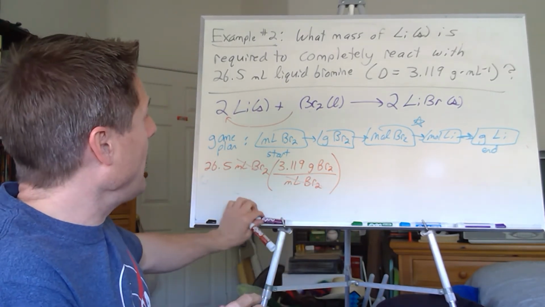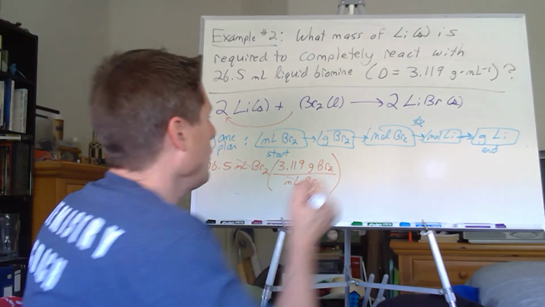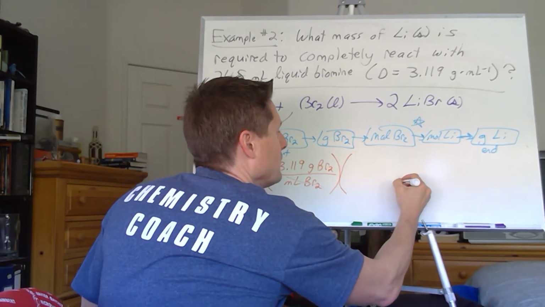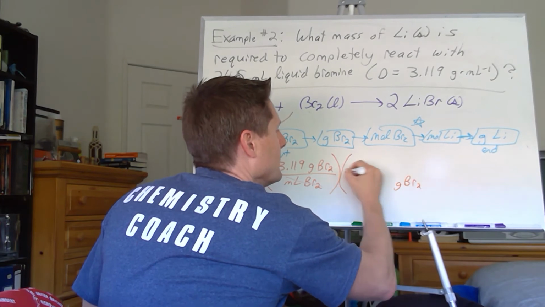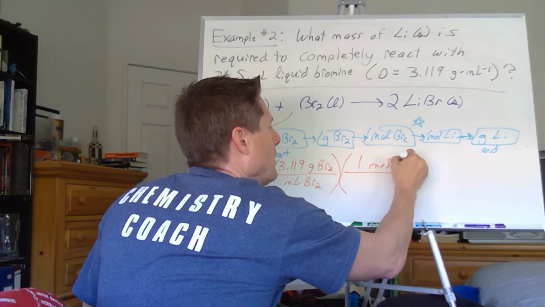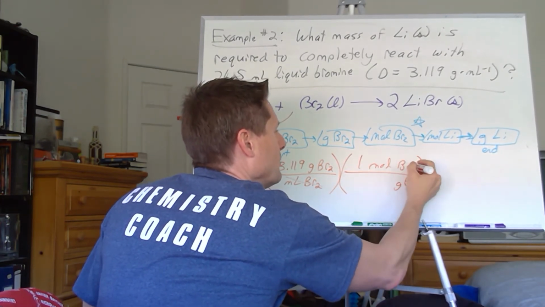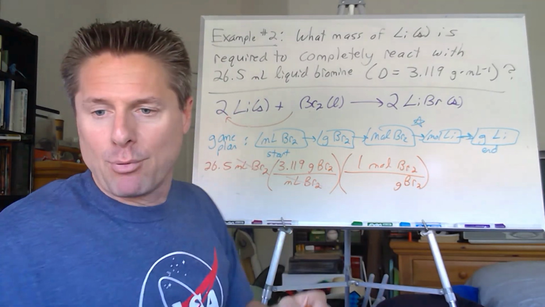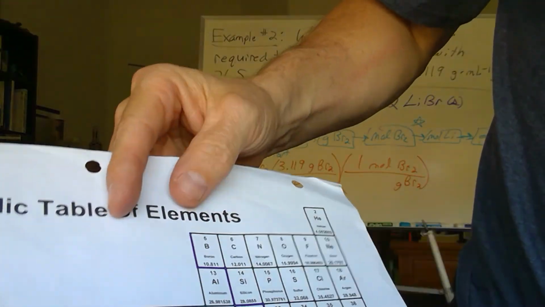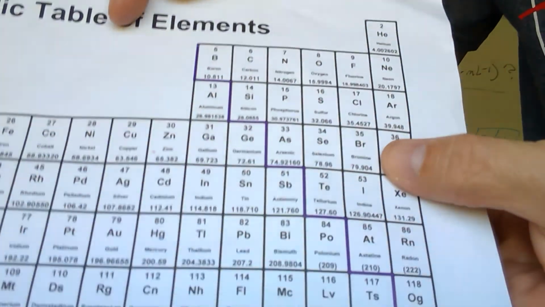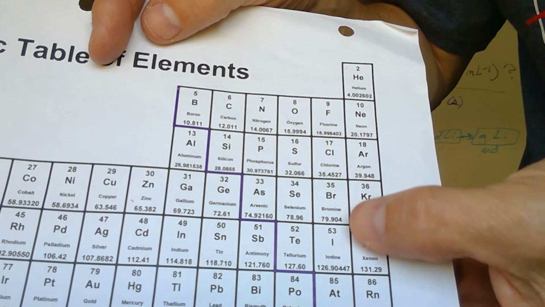Bye-bye. Now I can go from grams of bromine to moles of bromine. So grams of bromine go on the bottom, 1 mole of bromine goes on the top. Woo, that's a big R. So let's take bromine. Now it's diatomic, so I've got to take this number. Where's bromine? 79.904. Do you see the 79.904 for the bromine?